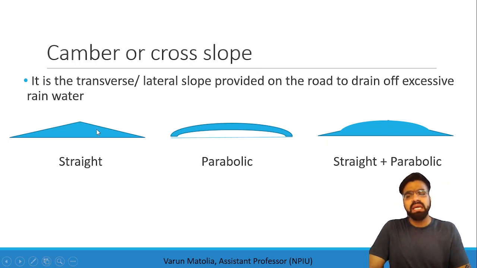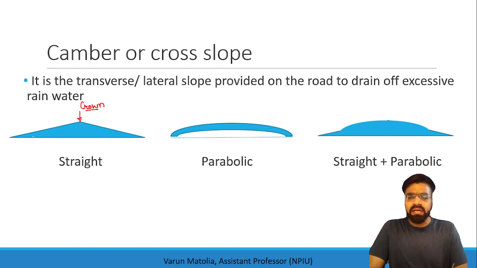If you see normal roads, except mountain roads, the top is made at the center, and this crown is always the center point of the pavement.